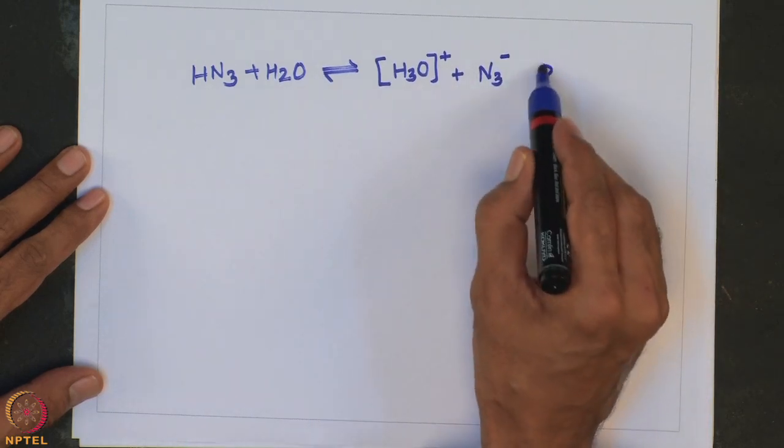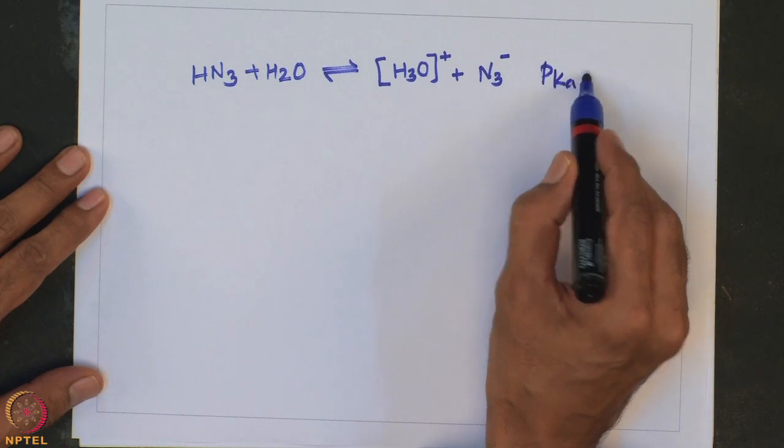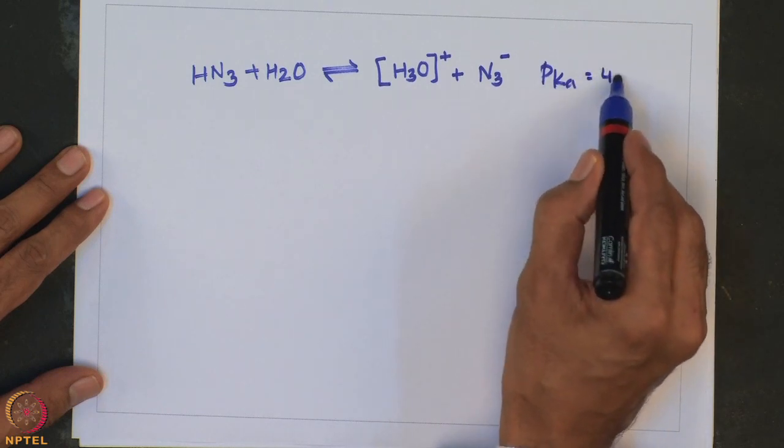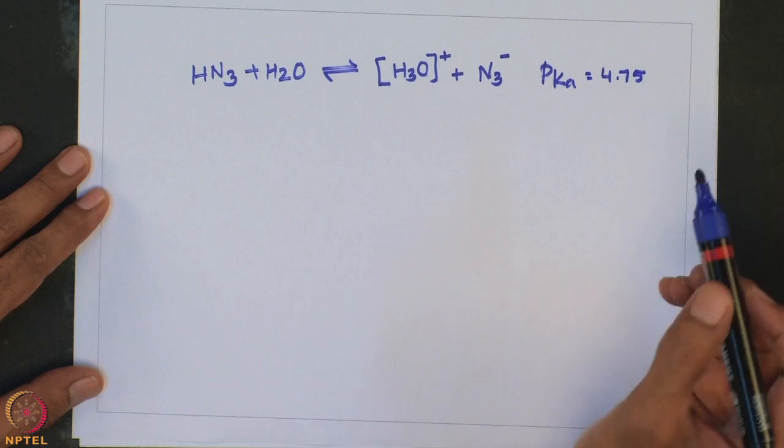The pKa for this one is 4.75. And of course, the azide ion is isoelectronic with carbon dioxide. Let us look into the hydrazoic acid structure.